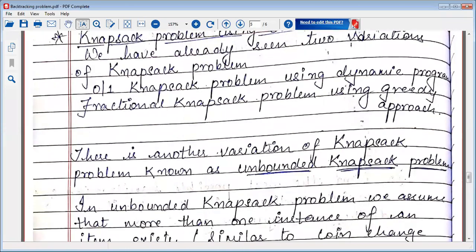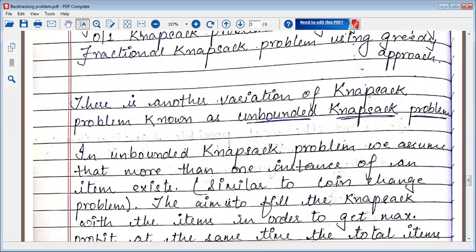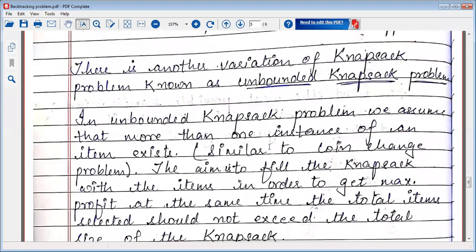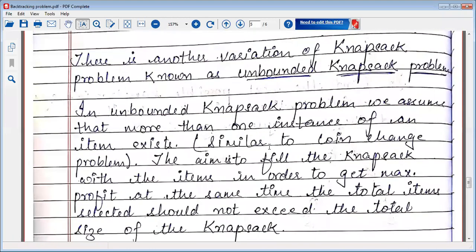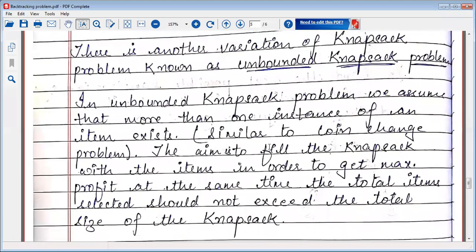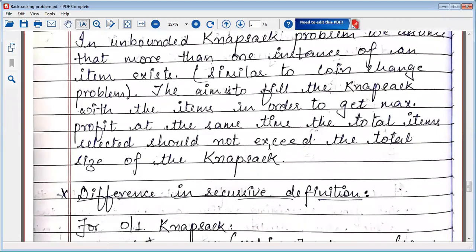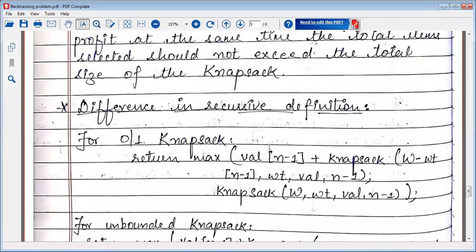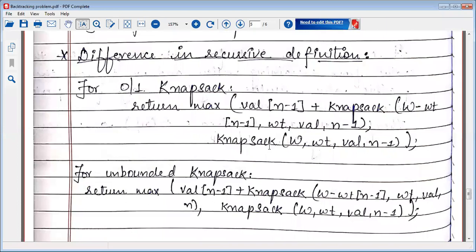So instead of going towards the algorithm, we'll just see what the difference is between the 0-1 knapsack problem and the unbounded knapsack problem. Just see how it is different in the form of a recursive formula. In the 0-1 knapsack problem, the thing was very simple. If I select a particular article i, then that article is now out of my reach.